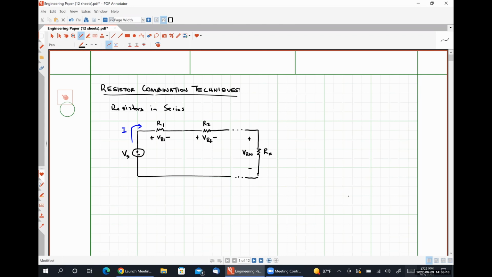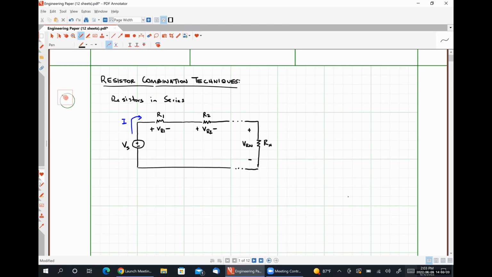VRN. So what I'm going to do first is write a Kirchhoff's voltage law equation where I'm going to say negative Vs plus VR1 plus VR2 all the way out to the voltage drop over resistor Rn, VRN, is equal to 0.